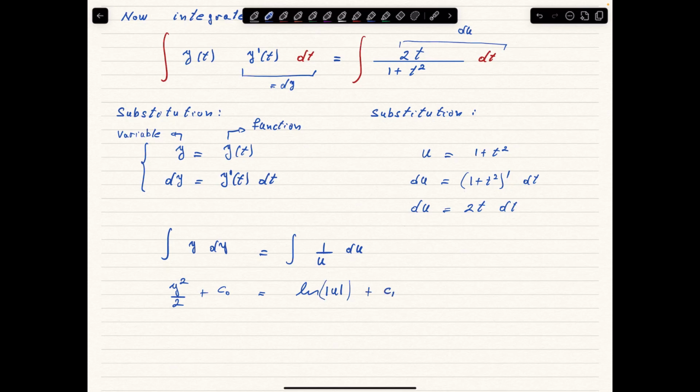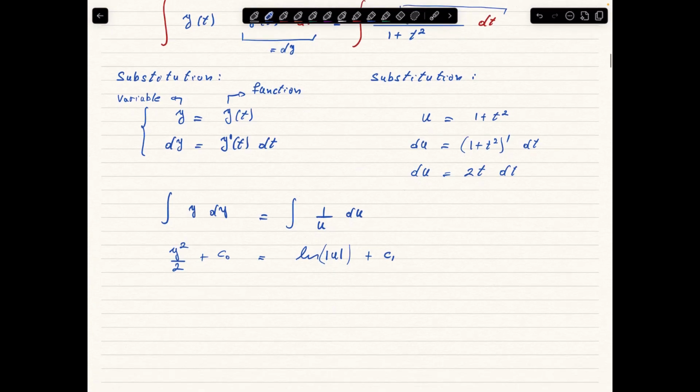I can put both constants together, so this is done, but we can write it a little bit nicer by substituting backwards: instead of u, we put 1 plus t squared, and instead of y, we put y of t.